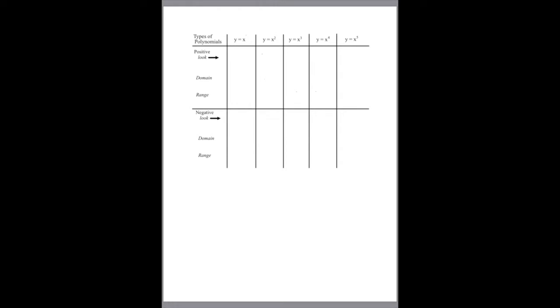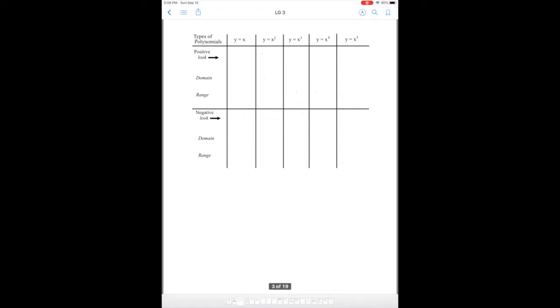Now, let's just look at some sketches of different polynomial functions. I'm basically going to talk about the picture, and we'll do the domain and range in the next slide. So let's just draw our x and y axis. Now we know that a positive, we call linear because it's a power 1, is a line like that.